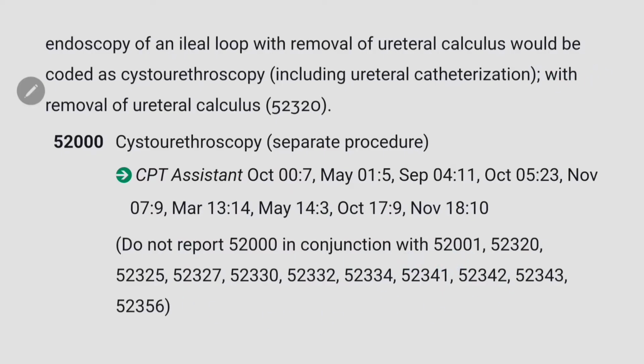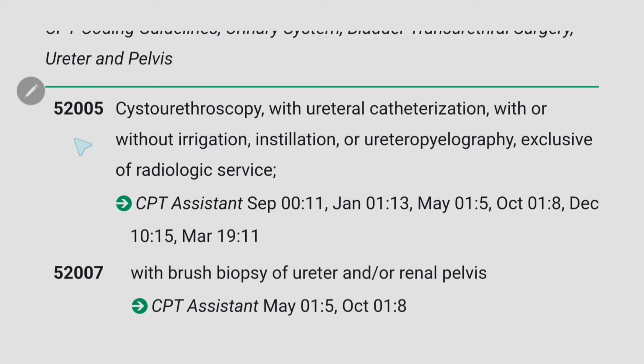Next important codes are 52005 and 52007. This is for cystourethroscopy with ureteral catheterization with or without irrigation, instillation or ureteropyelography exclusive of radiologic service. And 52007 is for cystourethroscopy with brush biopsy of ureter or renal pelvis. So in cystourethroscopy, the cystoscope reaches the ureter.